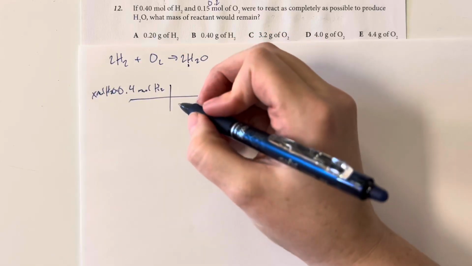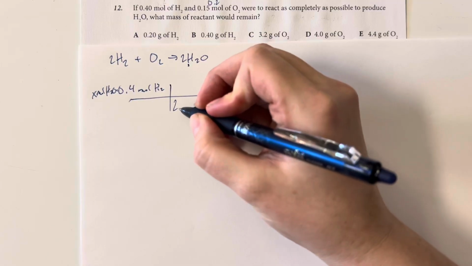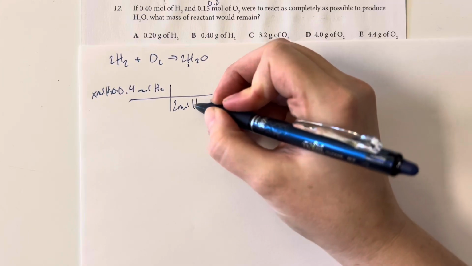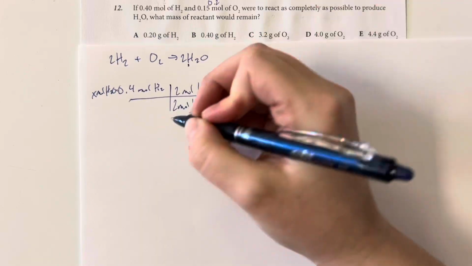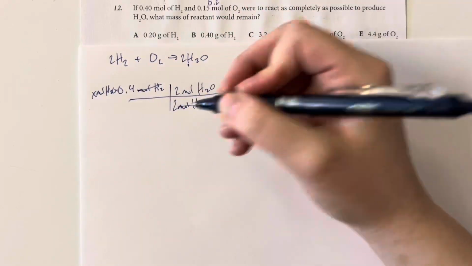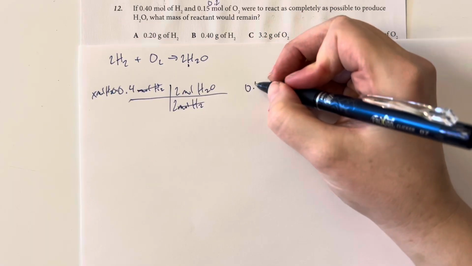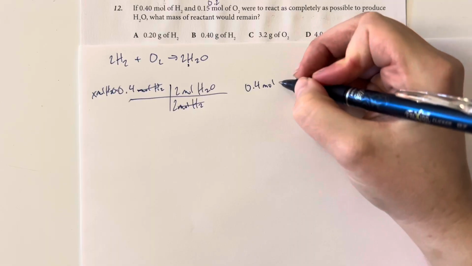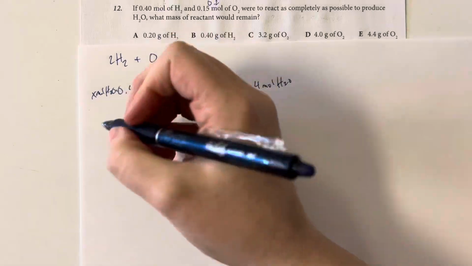Mole of hydrogen to mole of water is going to be a 2:2 or a 1:1 relationship here. So for every 2 moles of hydrogen, there is 2 moles of water. 2/2 simplifies to 1/1. So that's basically just going to be 0.4 moles of water that could be produced from the excess reagent.